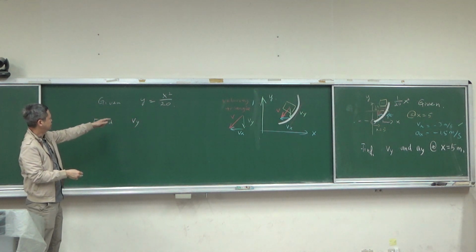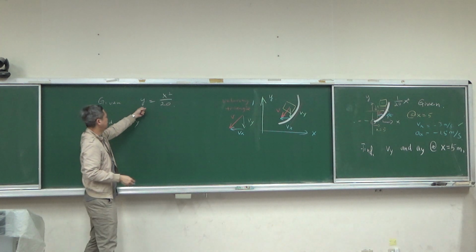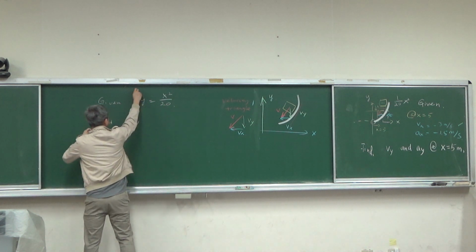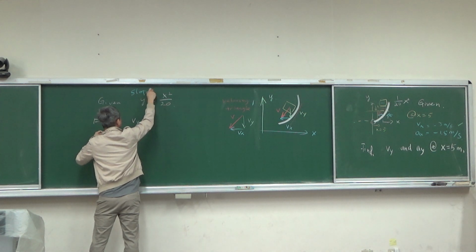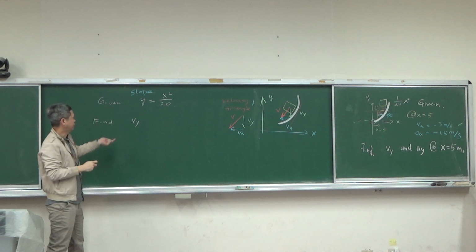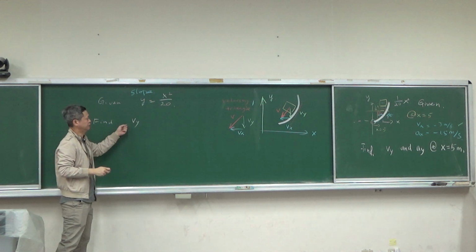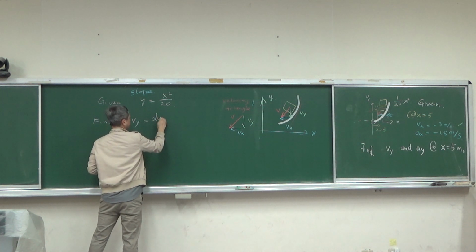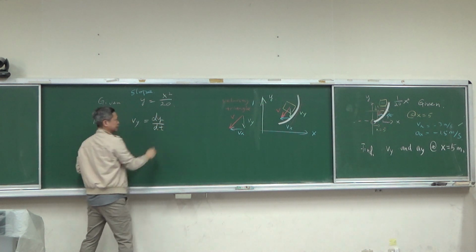The question is abstract. It gives you the y, the slope information. This is what we call slope information. From slope information, how do you find the Vy? Vy is the rate of descent, fair enough?